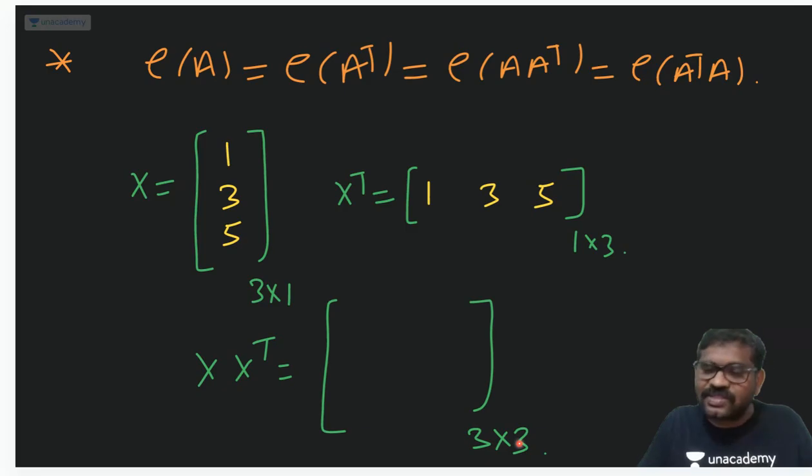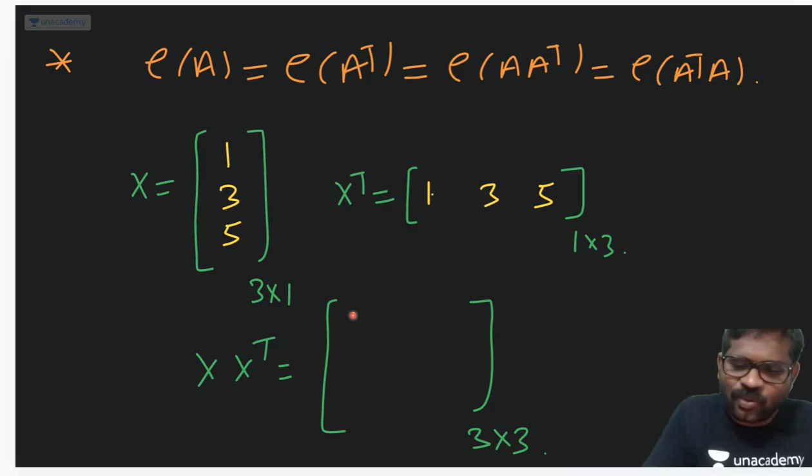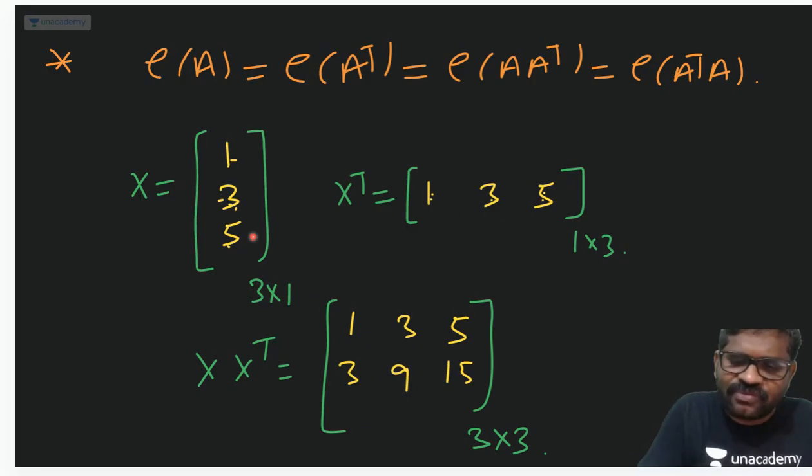Yes, 3 cross 1 multiplied with 1 cross 3, you will get a 3 cross 3 matrix. 1 with 1, 1; 1 with 3, 3; 1 with 5, 5; 3 with 1, 3; 3 with 3, 9; 3 with 5, 15; 5 with 1, 5; 5 with 3, 15; 5 with 5, 25.